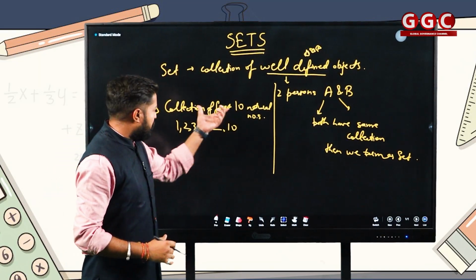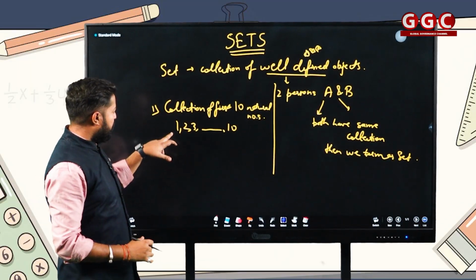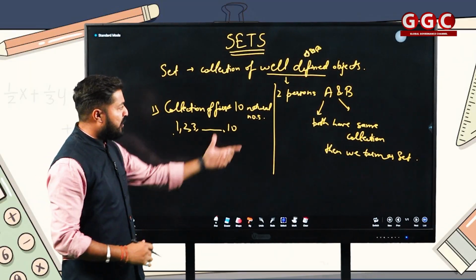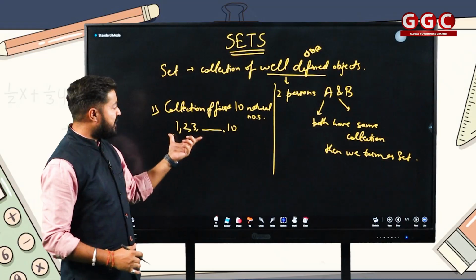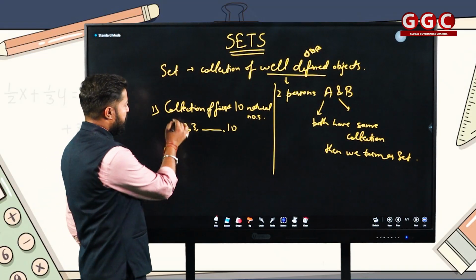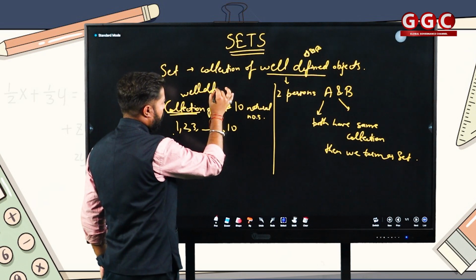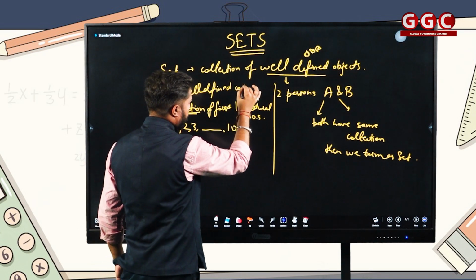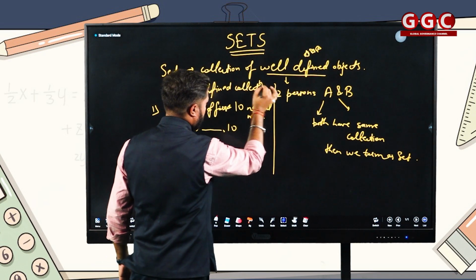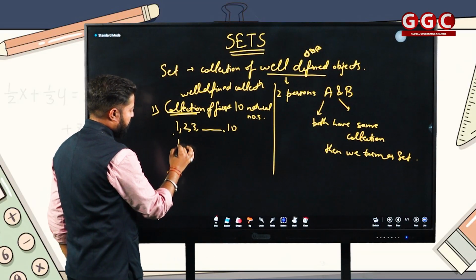Suppose person A lists this collection, he will get 1, 2, 3 up to 10. Similarly for B also it will be again the same 1 to 10. That means this collection, it is a well defined collection. Hence it forms a set.